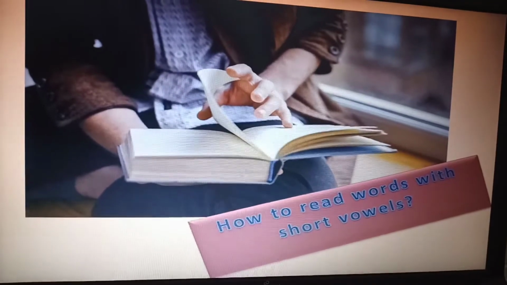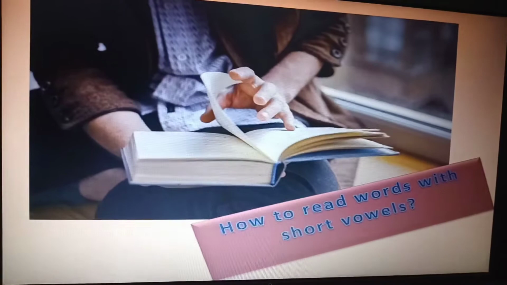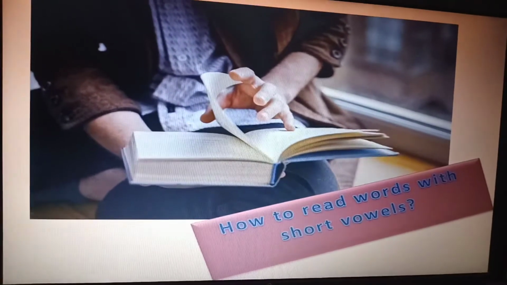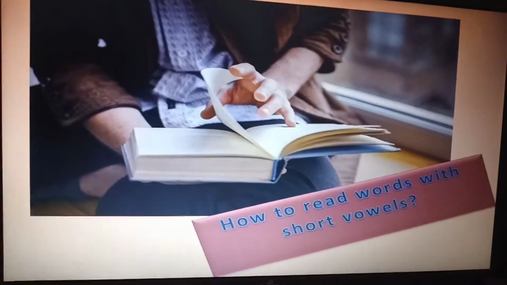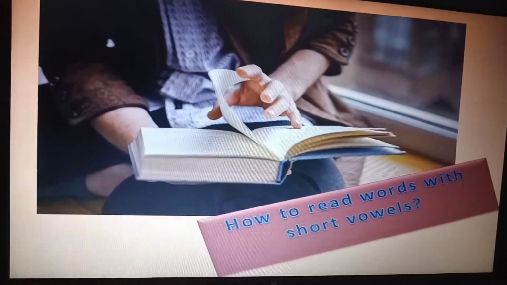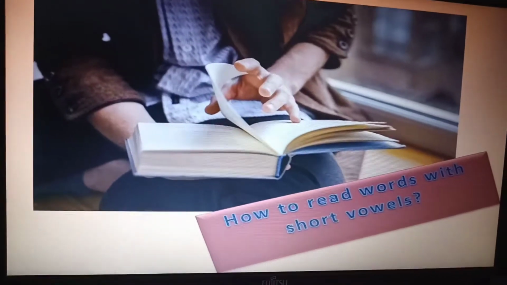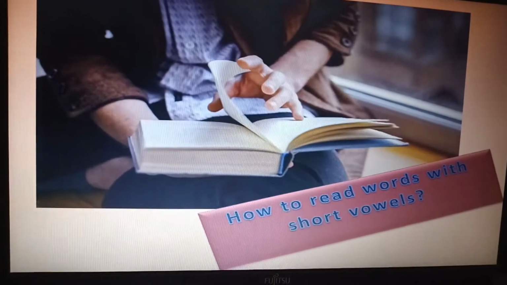However, today we are going to learn how to read three-lettered words having the same short vowels, meaning that all of them have the same short vowel, fatha, kasra or dhamma, or having different short vowels, meaning one letter may have a fatha, another may have a dhamma, a third may have a kasra, and so on.